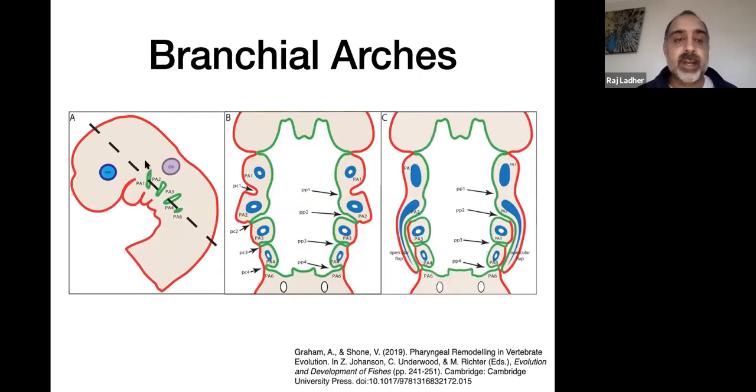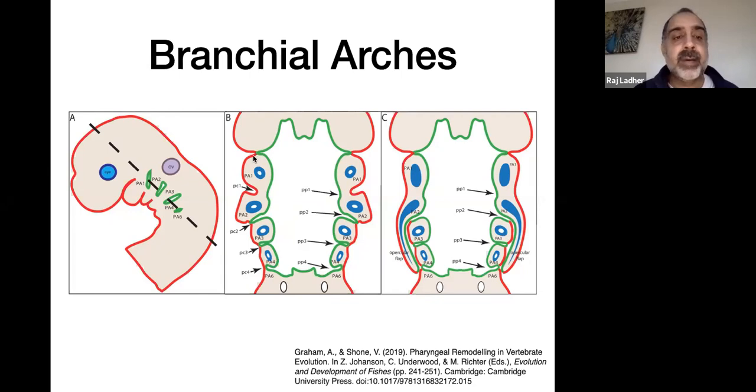Branchial arches are these outpocketings on the side of the head. What you're looking at here is a sketch of a fish embryo, taking a section through the top of the branchial arch, or the pharyngeal arch it's called here. And when you look at this, what you can see, these bulges here are bulges of neural crest on the outside, mesoderm in the core, and there's a blood vessel running through the center of the branchial arch as well.